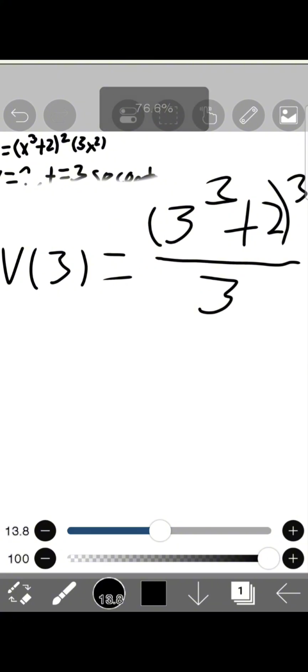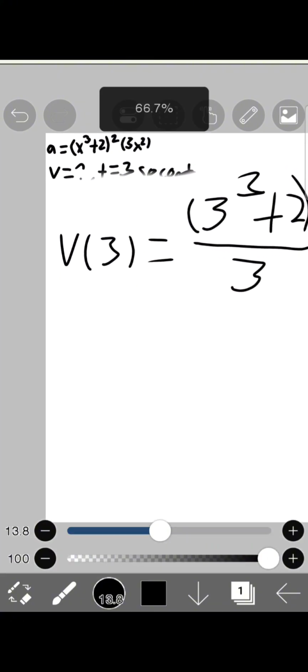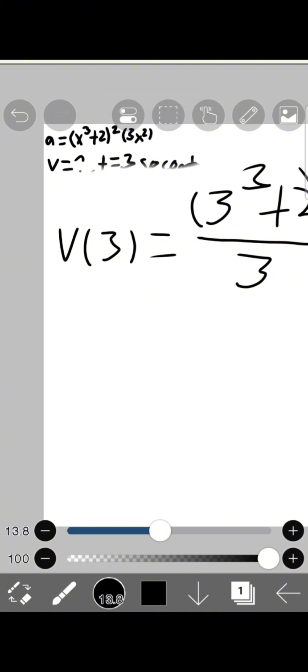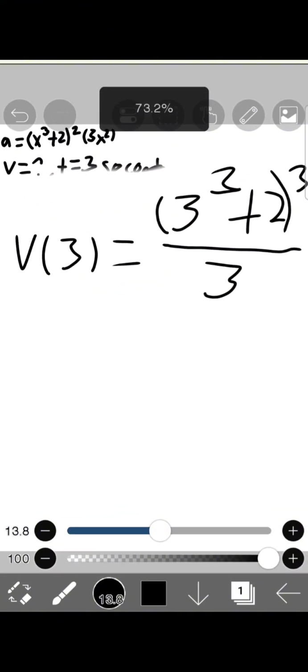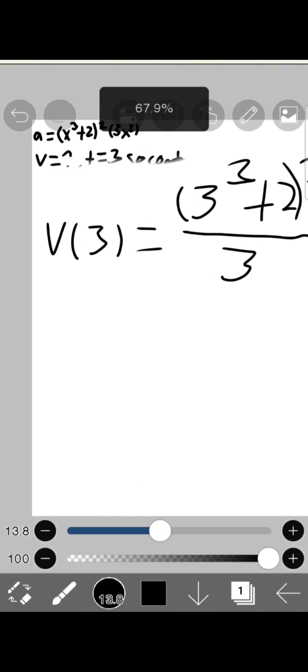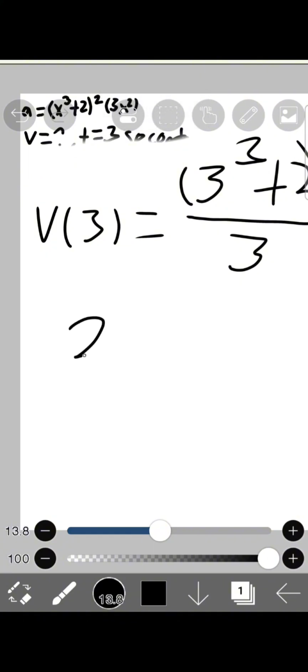As we all know, 3 cubed is 27, and then plus 2 is 29. So 29 cubed. Oh boy. So we have 29 times 29.